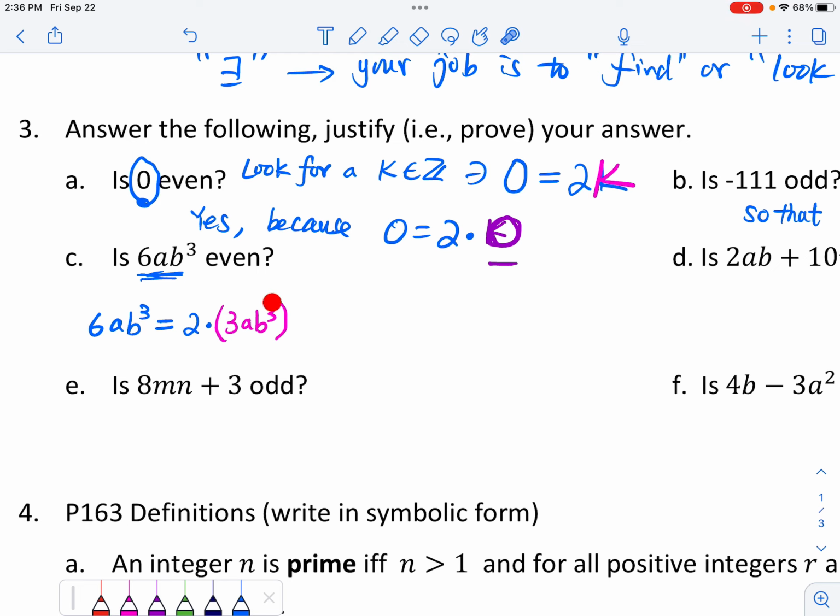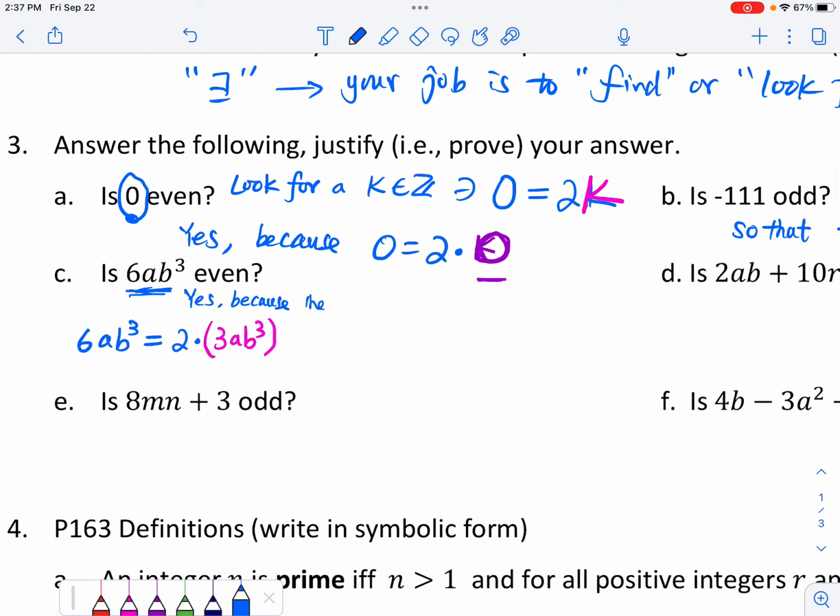Therefore, we do know that the products should be integer. In other words, this has to be an integer because a and b are integers. Therefore, the product will be an integer. So I'll say yes, because there exists k, where what is my k?